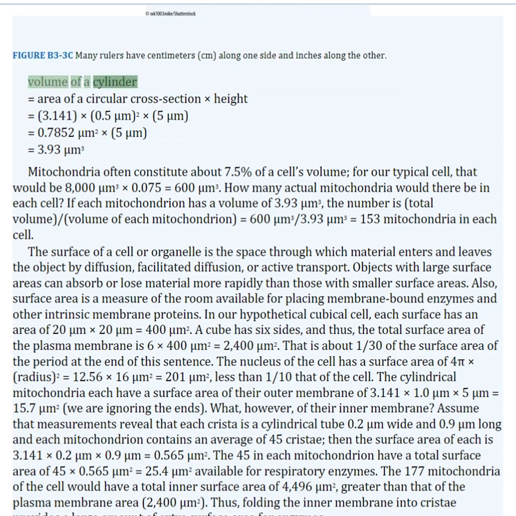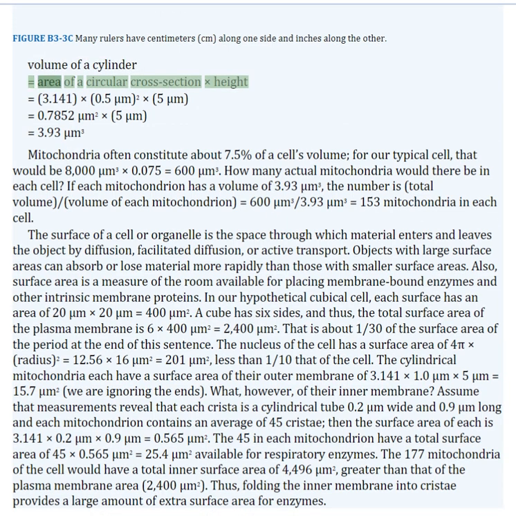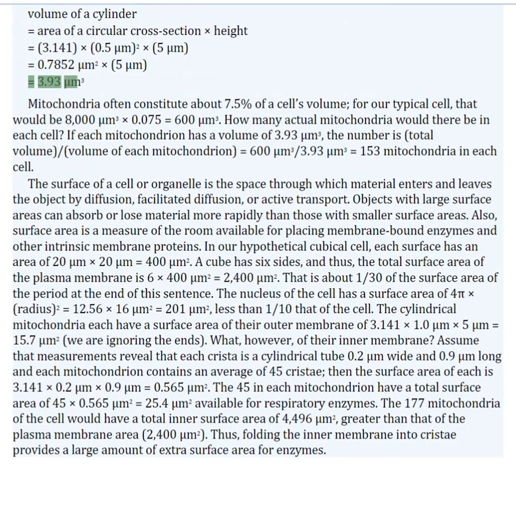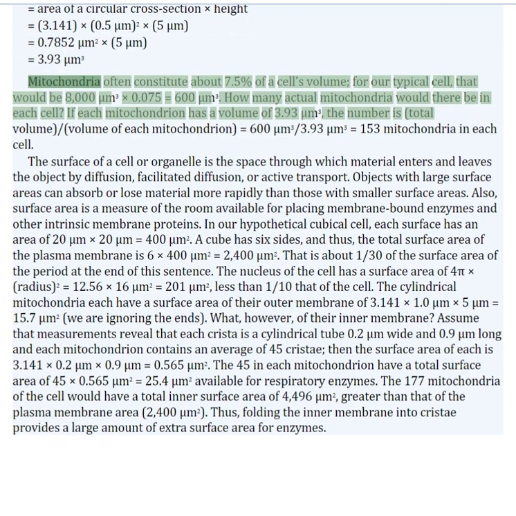Volume of a cylinder equals area of a circular cross-section × height equals 0.7852 micrometers squared × 5 micrometers equals 3.93 micrometers cubed. Mitochondria often constitute about 7.5% of a cell's volume. For our typical cell, that would be 8,000 micrometers cubed × 0.075 equals 600 μm³.